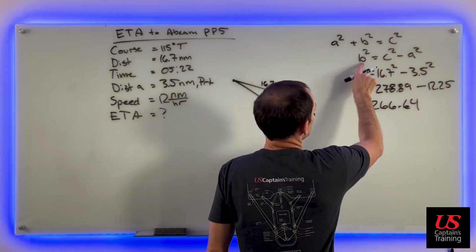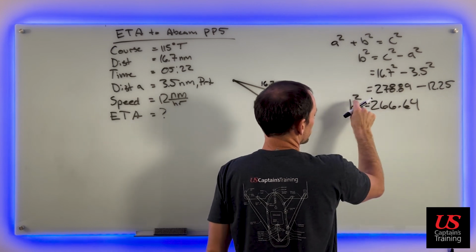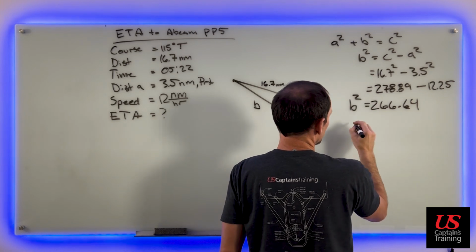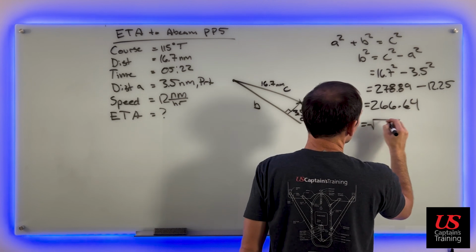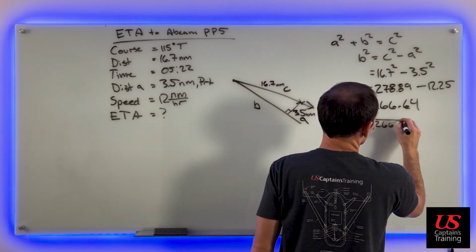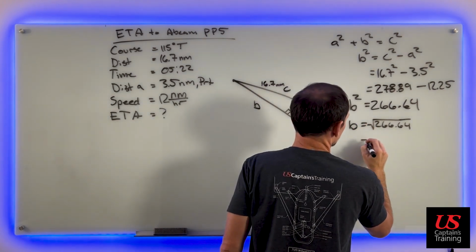What equals this? B squared. Okay, now we need to get rid of that 2. So square root of both sides will get rid of that 2, and we'll be left with B equals the square root of 266.64. Okay, let's punch this into our calculator.